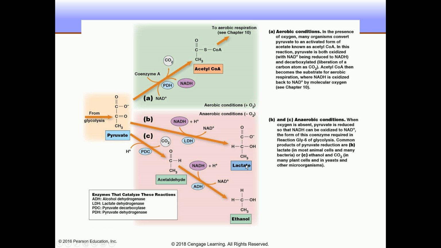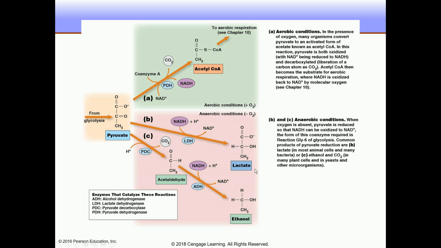So when the pyruvate accepts the hydrogen atoms, because electrons are in the form of hydrogen atoms, when pyruvate accepts the electrons or hydrogen atoms from NADH, you can see this is your lactate. It has been formed from the pyruvate after accepting one H here and one H here.